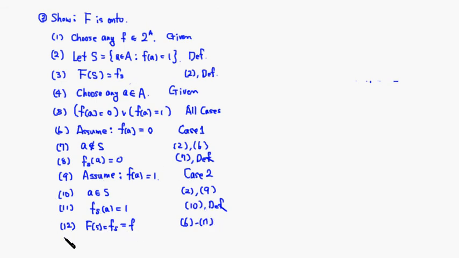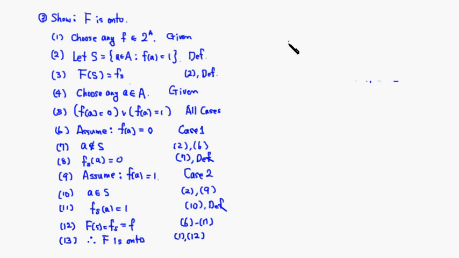So this means 13, we know that therefore capital F is onto, because if we pick any function from A to 2, we could find a set S such that capital F of S is equal to f. So this is onto.